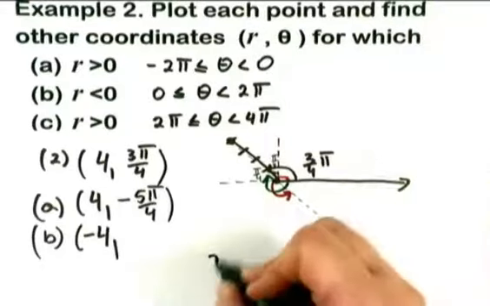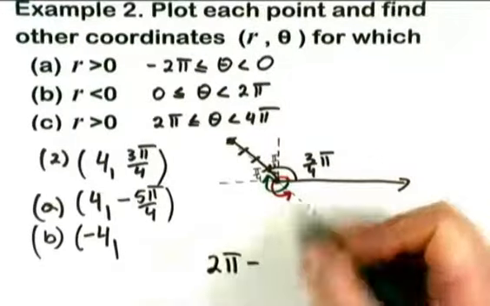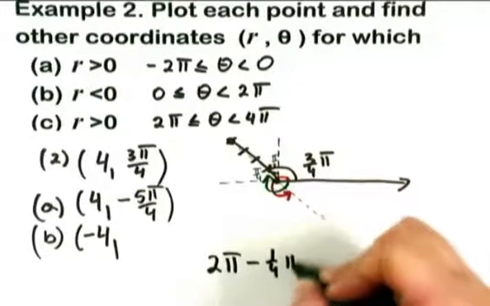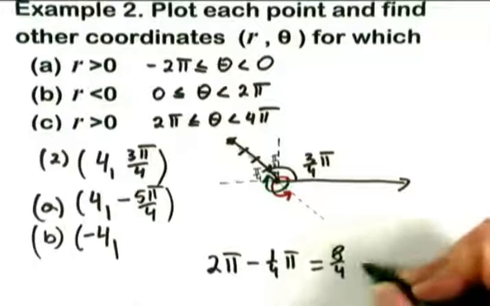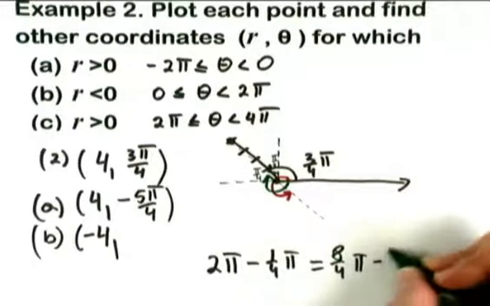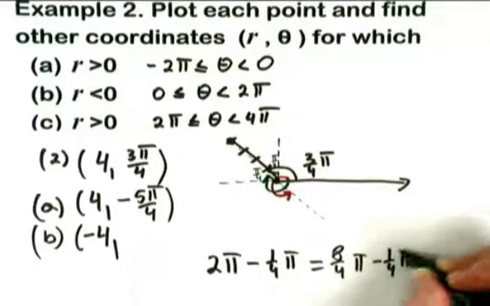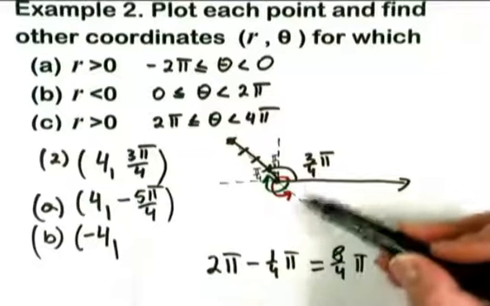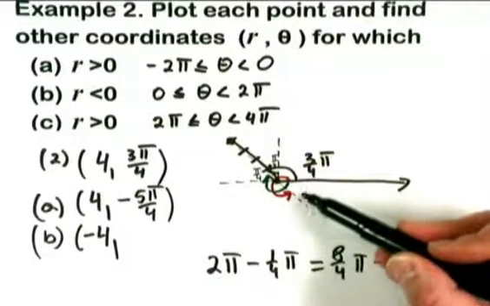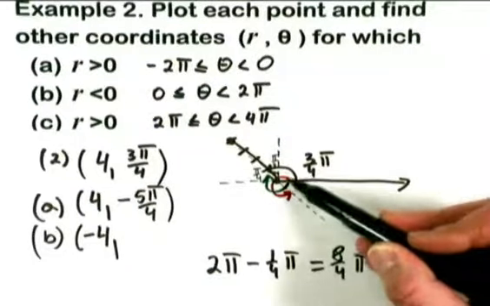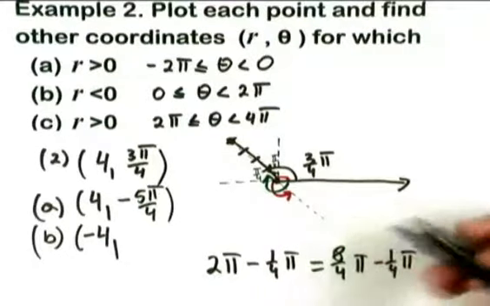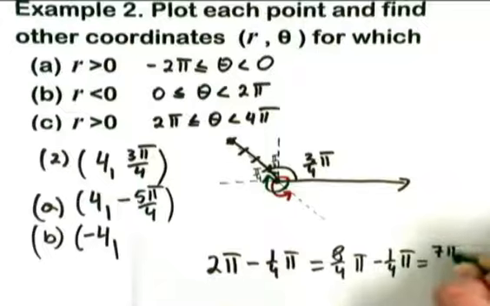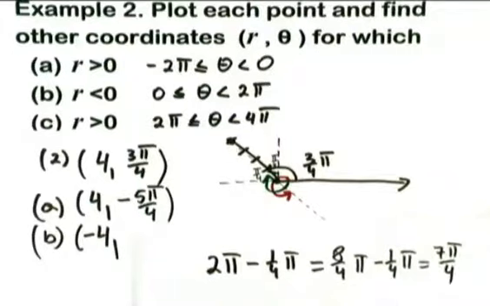So we have 2 pi, and we subtract 1/4 pi. 2 in terms of 4 is 8 over 4, and then I subtract 1/4, because this is angle pi over 4 in the middle, right? So if we complete the full rotation, we are right here, and we are short of 1/4. So this gives me 7 pi over 4.